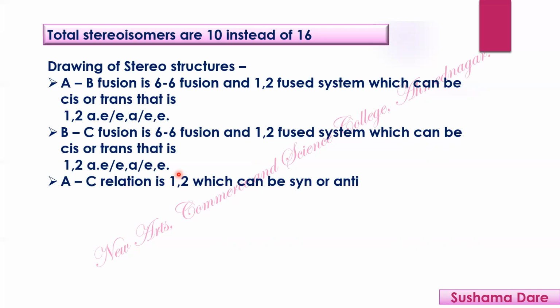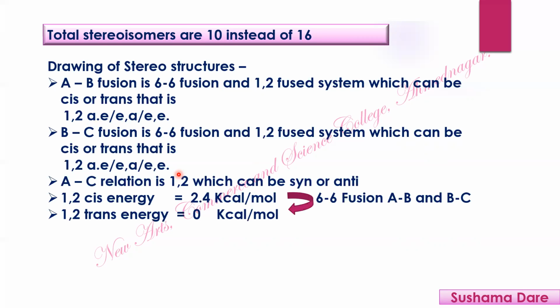The AC relation is again a 1-2 relation. It can be syn or anti. So for the 1-2 fusion, that is the AB fusion, if it is cis, then the energy is 2.4 kilocalorie per mole. If the 1-2 fusion is trans, then the energy is 0 kilocalorie per mole. That we already discussed in the case of the decalin system.